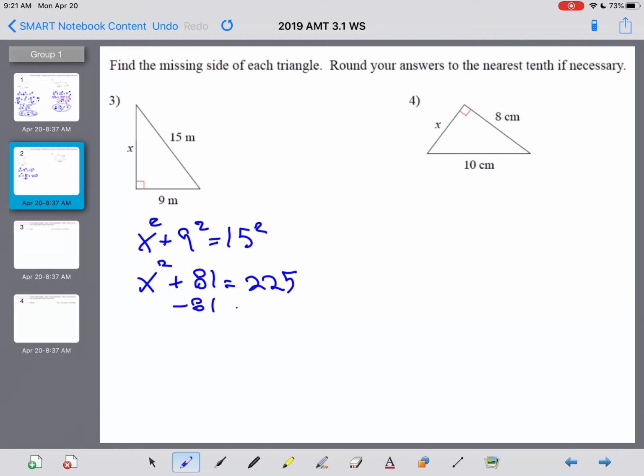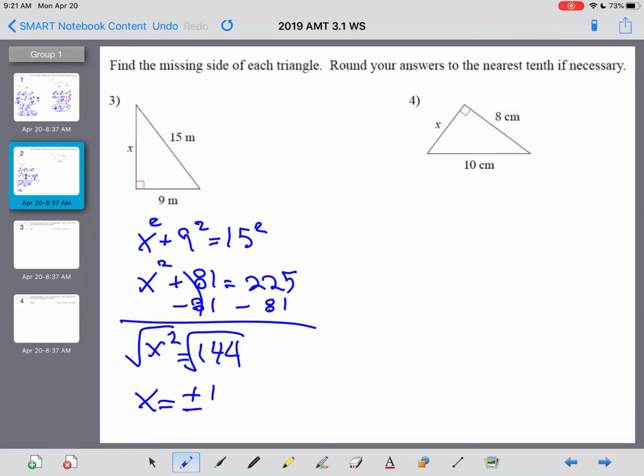This one, we're going to do a little subtract step like we did with the first one. We get x squared equals 144, square root. x equals plus or minus 12 meters, and it can only be the positive one.